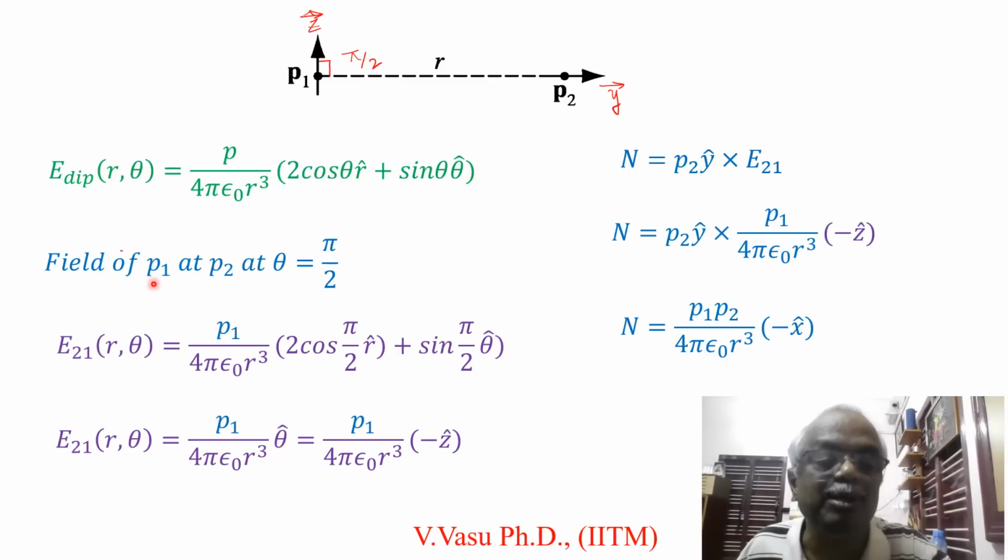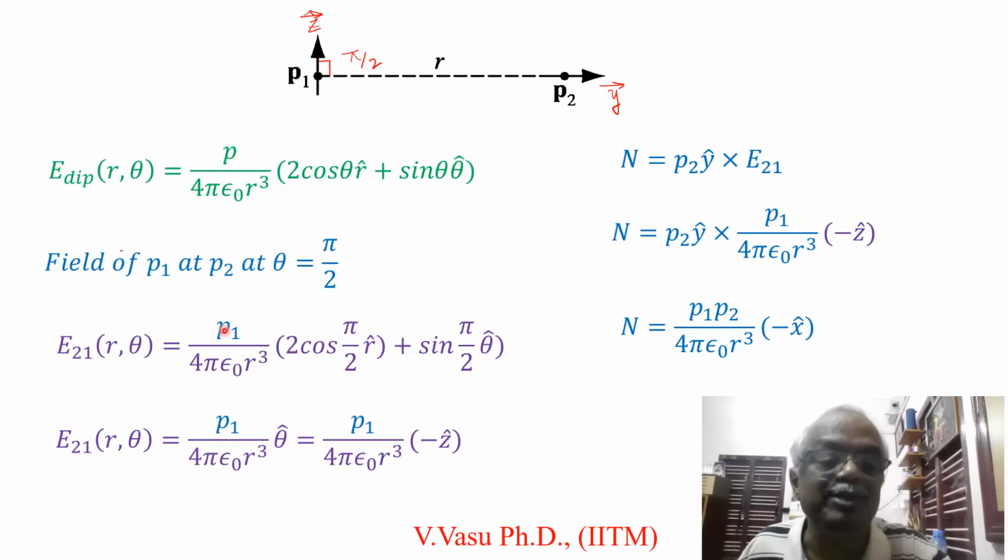Now the field of P1 at P2, at point 2, is where theta is equal to pi by 2. E21 is the electric field at point 2 due to dipole 1.